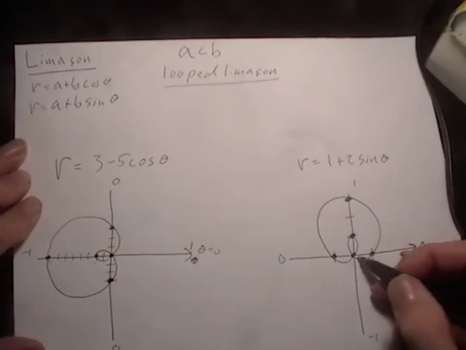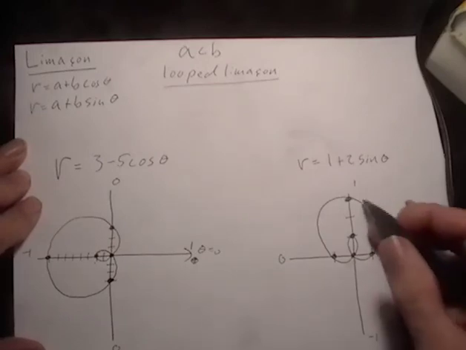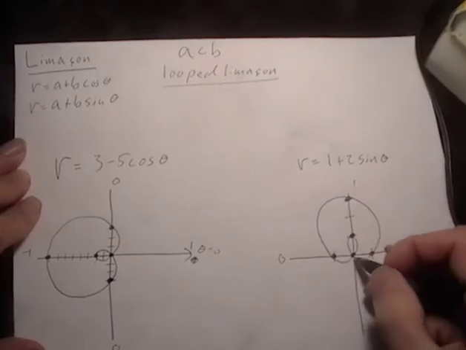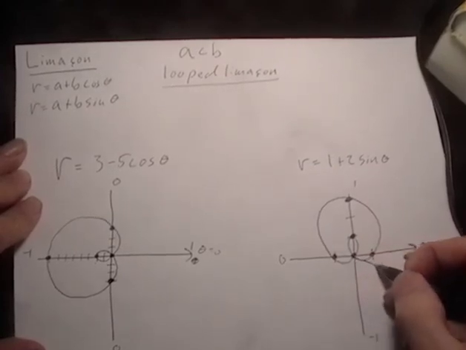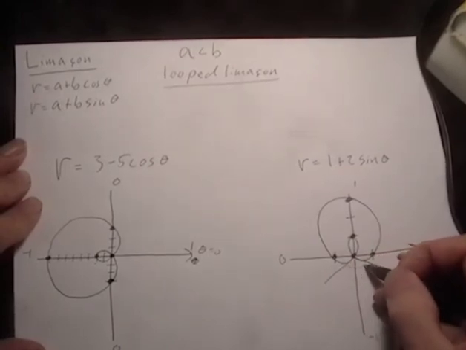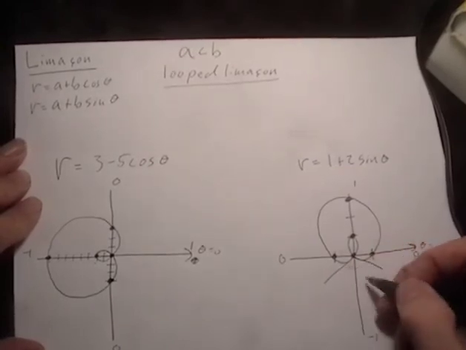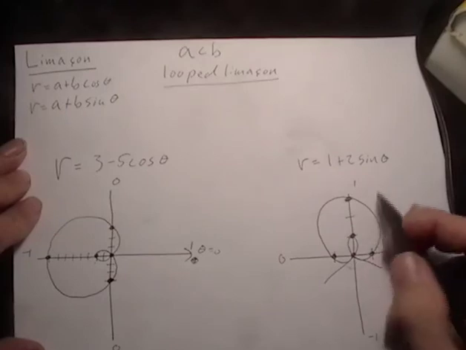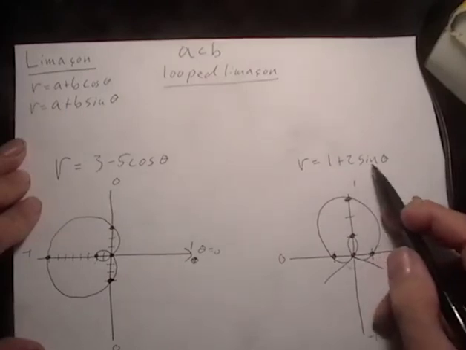So r is positive all the way through here, but there's going to be that short zone as we're passing through this angle where r is negative because sine of theta is smaller than negative 1/2.